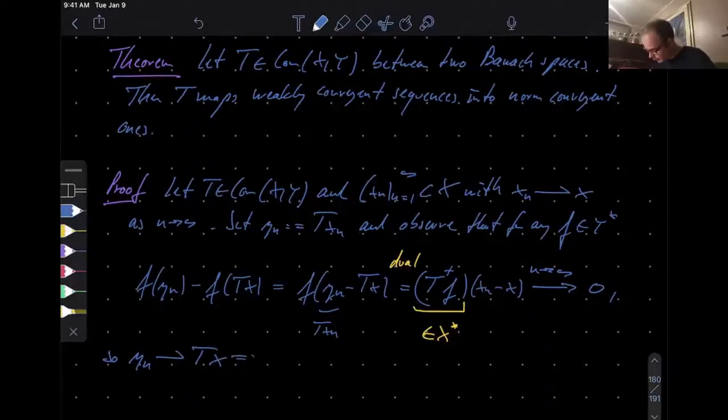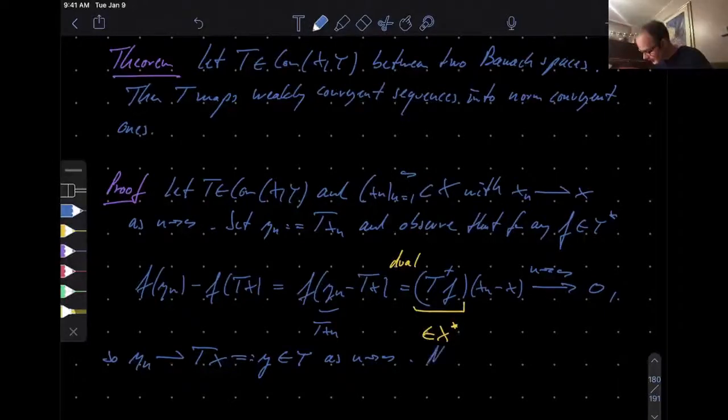And that's what we're going to call y, okay? As n tends to infinity. And this is an element in Y, because T maps capital X to Y. Okay, so what I did right now is I haven't used the compactness at all at this moment. I've just shown that a weakly convergent sequence is mapped to a weakly convergent image sequence. So maybe not so surprising.